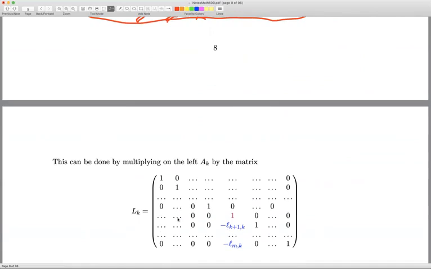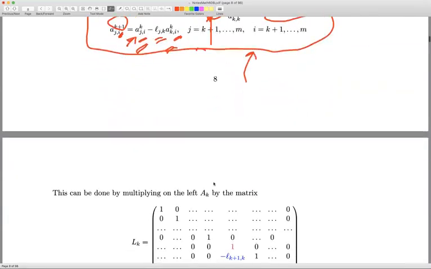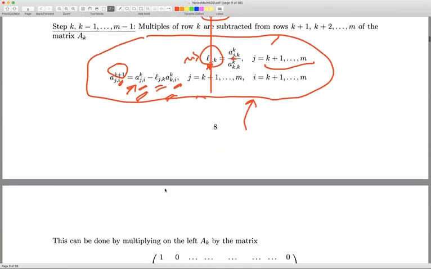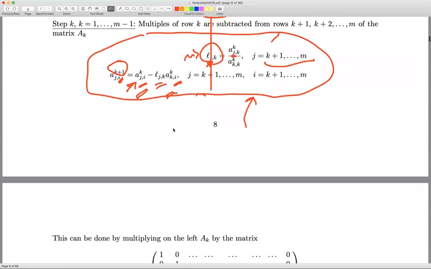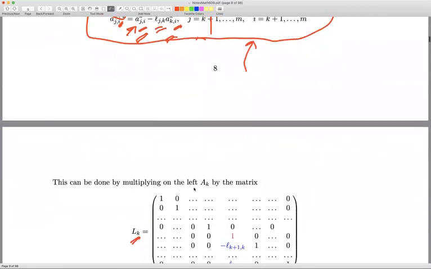And now the claim is that if you look carefully at what these equations give you, and then if you look carefully at the matrix LK, which I will explain how to construct, then you will see that these operations written on these two rows actually can be done by multiplying the matrix AK on the left by the matrix LK.